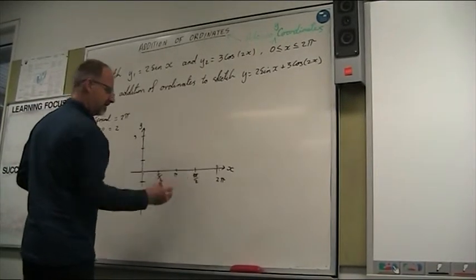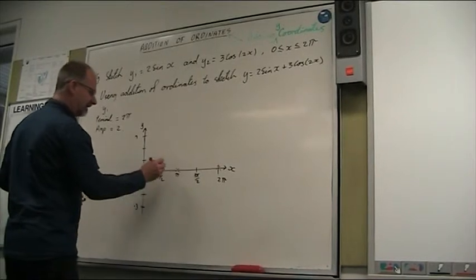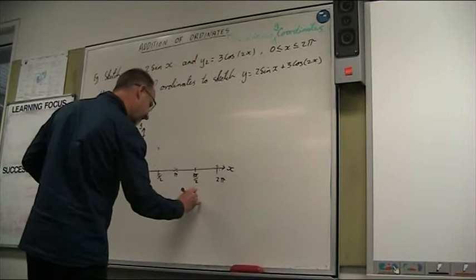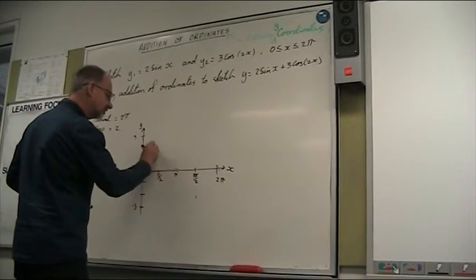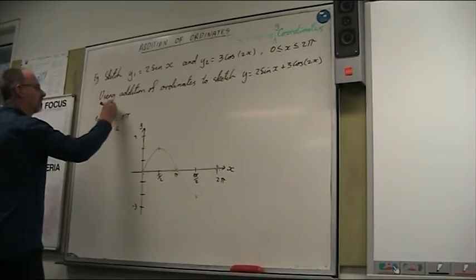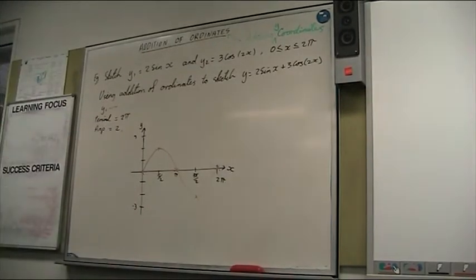A period later we get back to that spot. Halfway we're on the way down, halfway we're at our highest point, halfway between there and there our lowest point. So y1 is red.